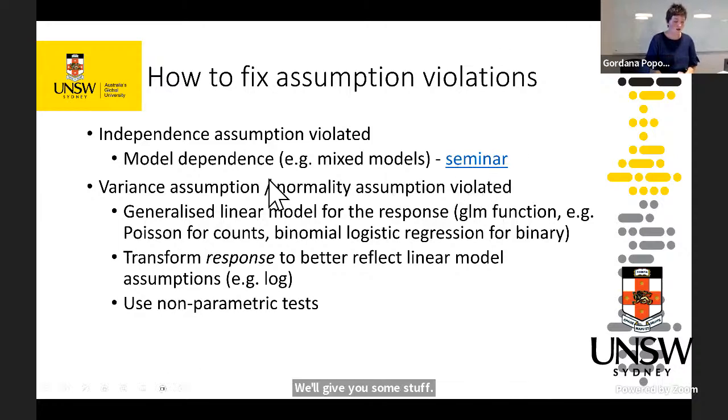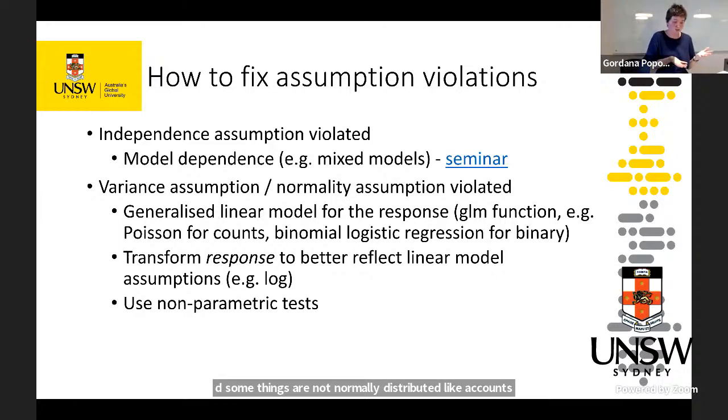In terms of the stuff that we did look at, the variance assumption is what we checked with a fan shape. If the variance assumption is violated, that's for a number of reasons. Linear models assume that your outcome is normally distributed with constant variance, but some things are not normally distributed, like counts, for example.